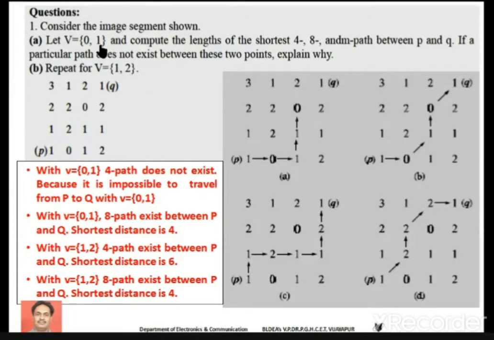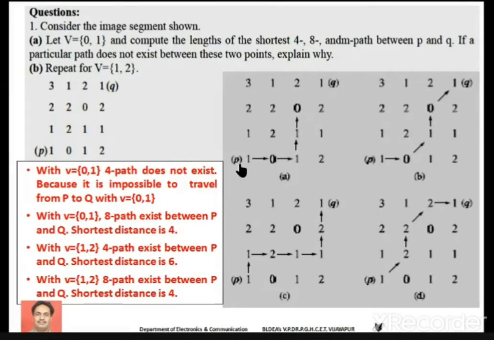But you have to decide which one is the shortest 8 path, right? So in this example, I have shown one of the 8 paths, and its distance is 4. So 4 is the shortest distance. You can have different moves also, but see that it should have the shortest distance, right?